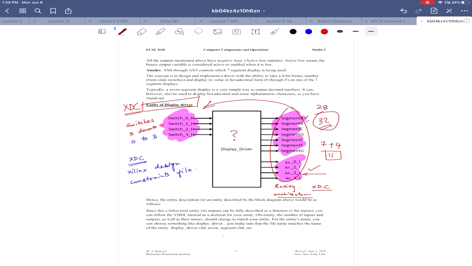So you would have to have switches 0, 1, 2, 3, and segments 0, 1, 2, 3, 4, 5, 6, and then anodes 0, 1, 2, 3. All of those have to be there in the XDC, and they are referenced individually using square brackets. But in the VHDL file, you can address them as one name.